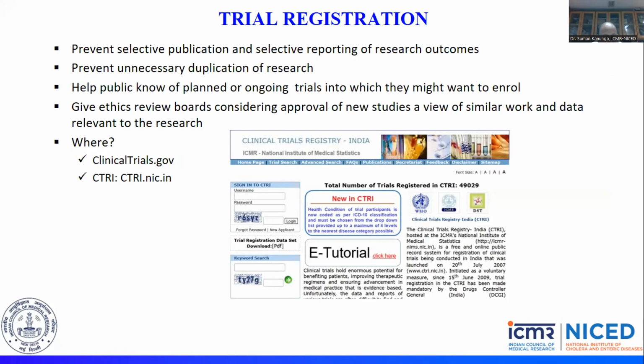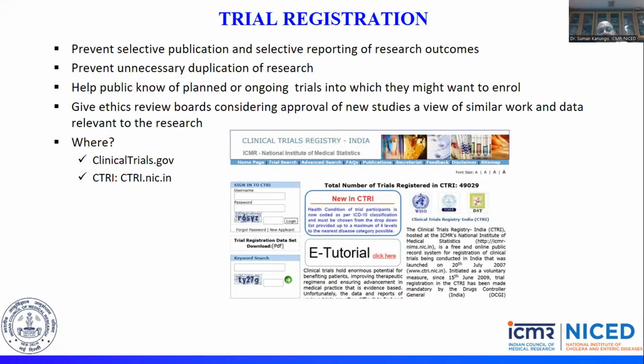The consortium has made it mandatory to register your trial prospectively, before the first enrollment of the patient or participant, to avoid duplicacy and incompleteness. Previously, in 2007, when the Clinical Trials Registry of India came in, it was not mandatory, but after 2009, it was made mandatory.